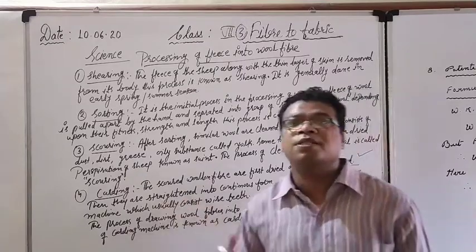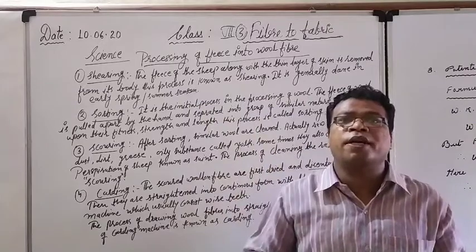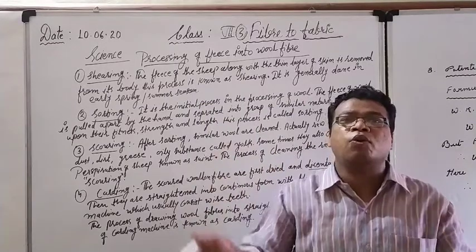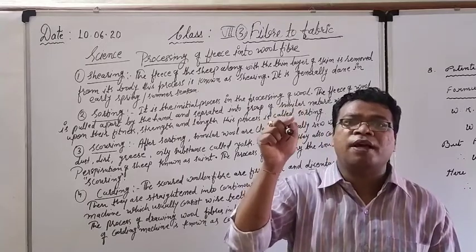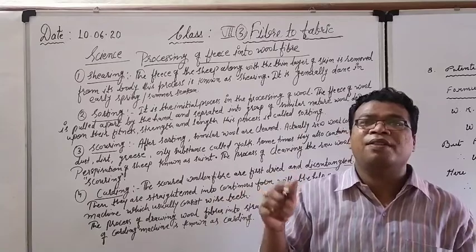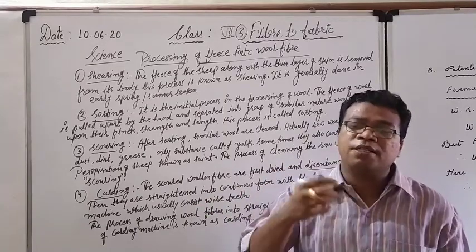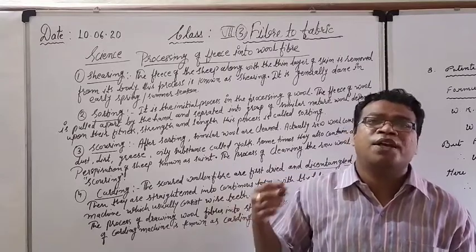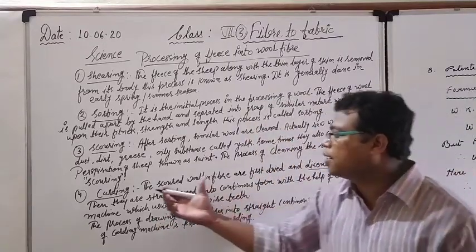And what is there in the carding machine? In the carding machine, two rotating cylinders will be there. They are rotating in the opposite direction and they consist of some steel wire teeth. And when the raw wool is passed through them, it is converted into the straight and continuous form. So this particular process is known as the carding.